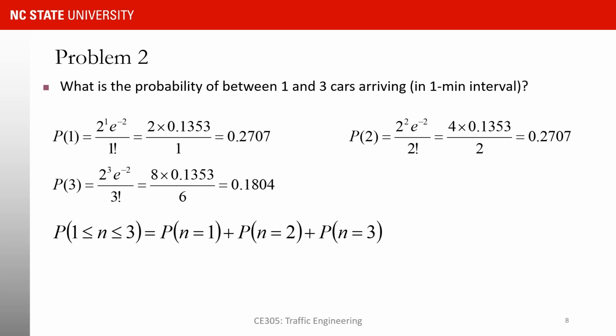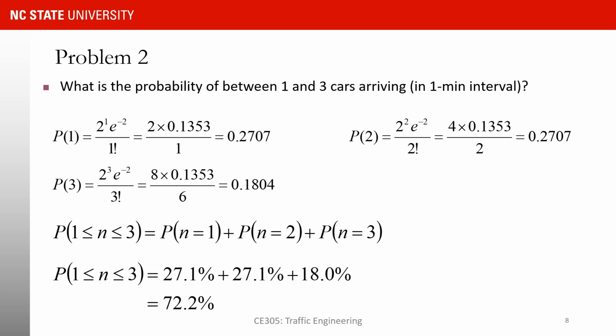You do the same for 3, and then the summation of those 3 numbers would be the probability of having between 1 and 3 vehicles arriving in 1-minute intervals. So the value would be 27.1 plus 27.1 plus 18, or 72.2%. This can also be expressed as 0.722 in terms of probability.